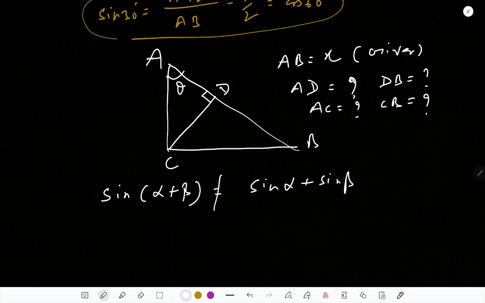You cannot also write cos of alpha plus beta equal to cos alpha plus cos beta. This is also not possible because they are not true. But what will be the actual value of sine alpha plus beta and cos alpha plus beta? You have to know this.